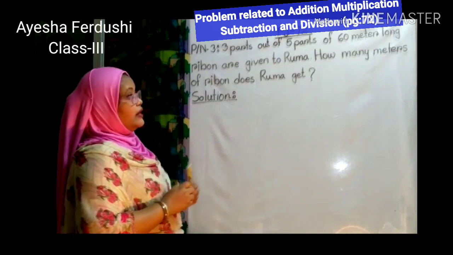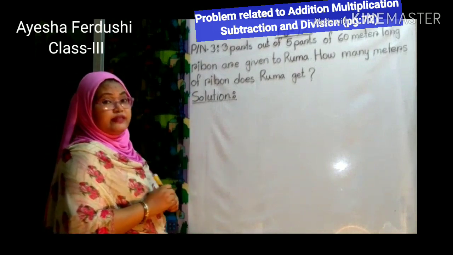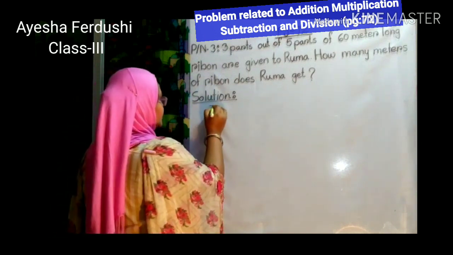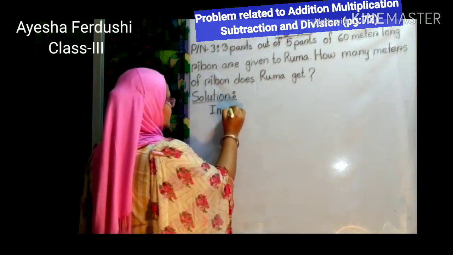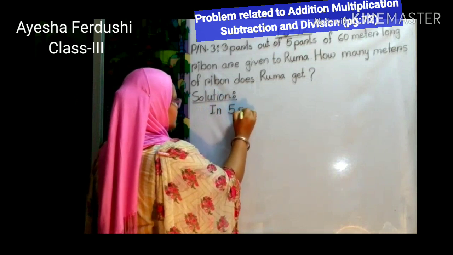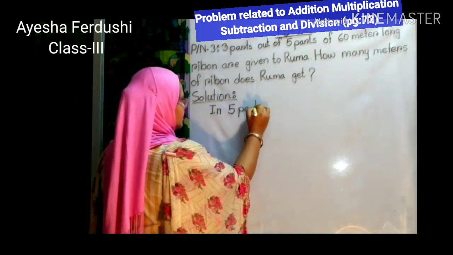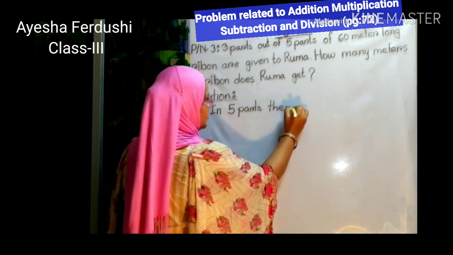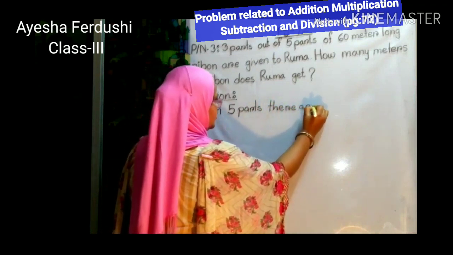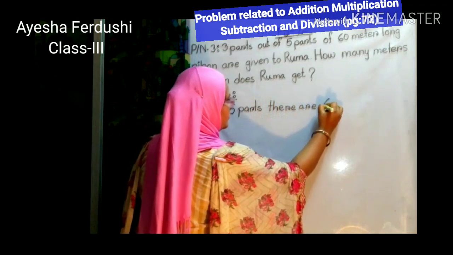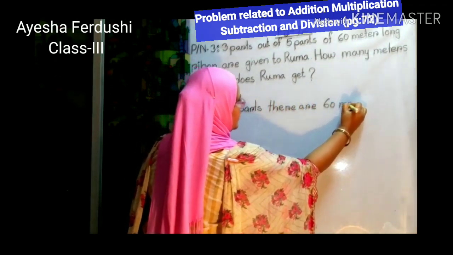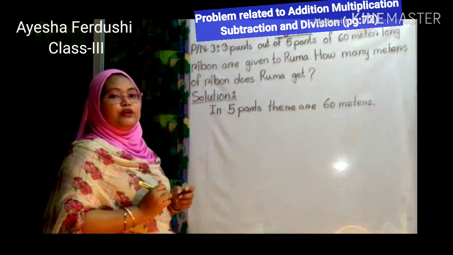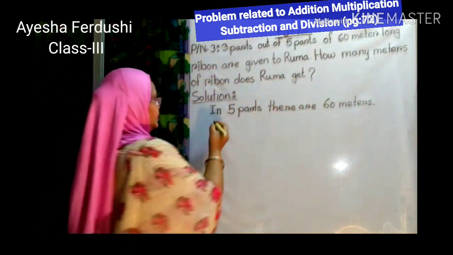How can you write? In 5 parts there are 60 meters. So 5 part ribbon length is 60 meters. From this 5 part you will find out 1 part ribbon.